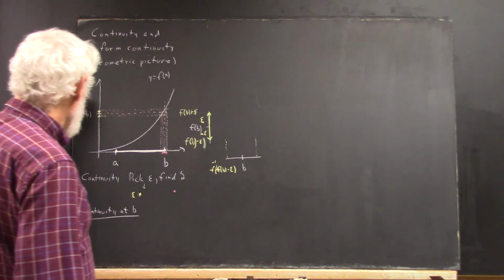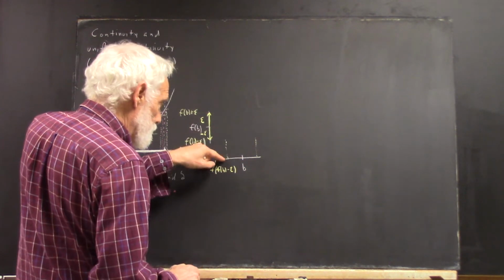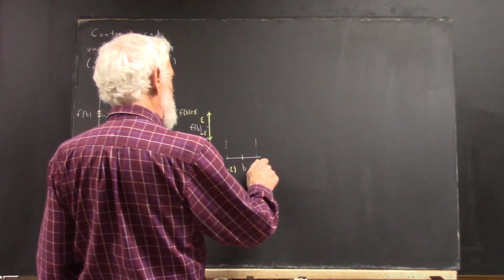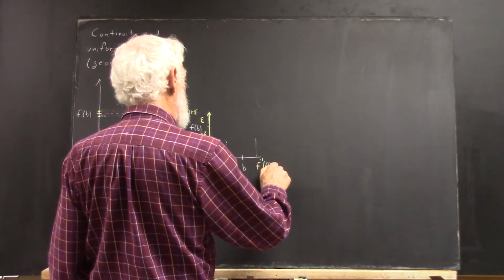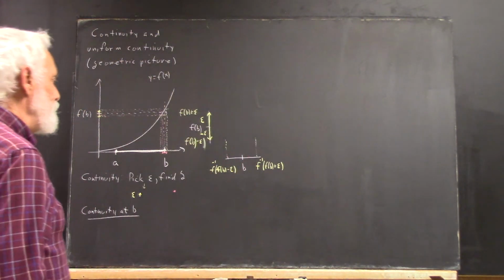In other words, you just take the f of b minus epsilon, you project this over. This is the point that comes down to here, and this point comes down to here. And this would be like f inverse of f of b plus epsilon.